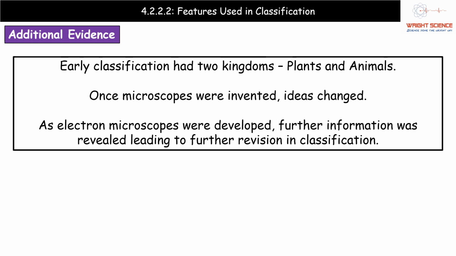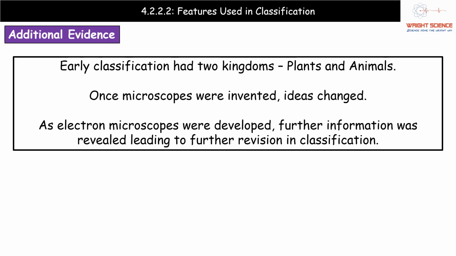Things like microscopes being invented led to ideas changing because all of a sudden we could see more information. We could see things like bacteria. Before this, you didn't see bacteria. You couldn't see them with the naked eye. Therefore, it was only when those microscopes came about that we were able to then modify our ideas.